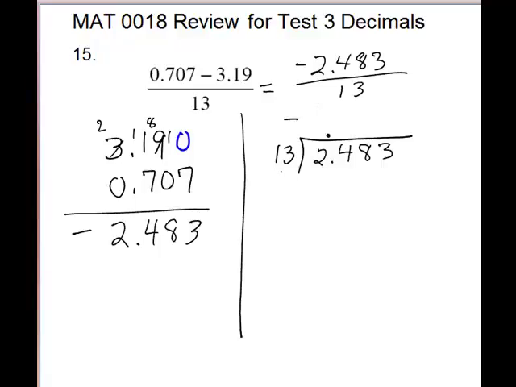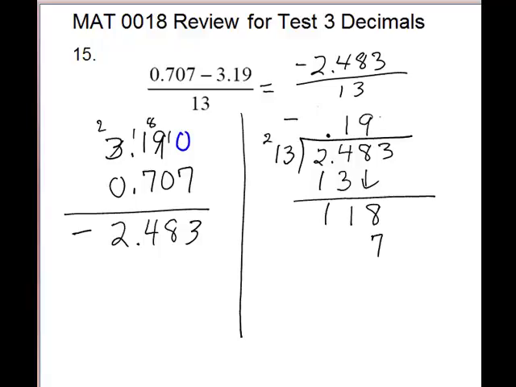We're ready to divide. So 13 into 24. It's only going to go one time. Multiply back. 1 times 13 is 13. Subtract and bring down. And 13 into 118 will go 9 times. Multiply back. 9 times 3 is 27.